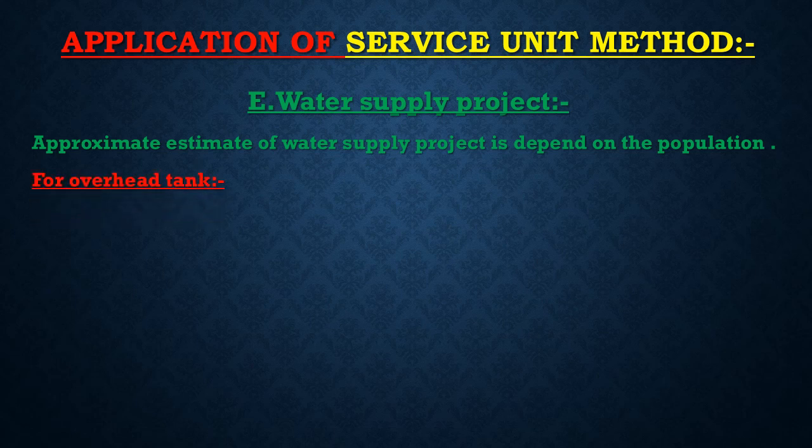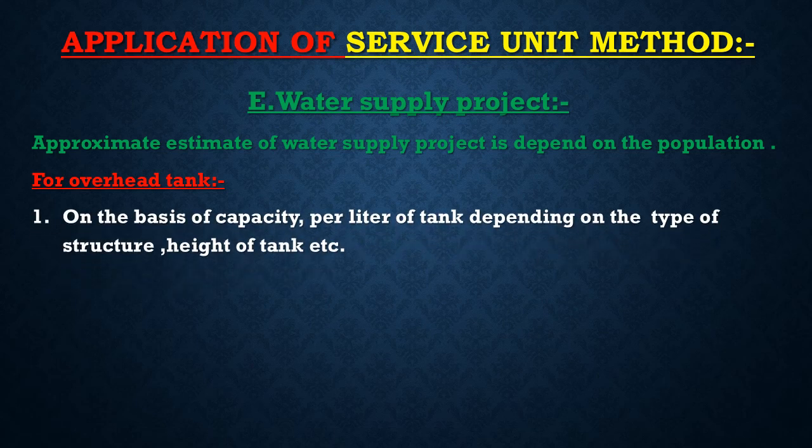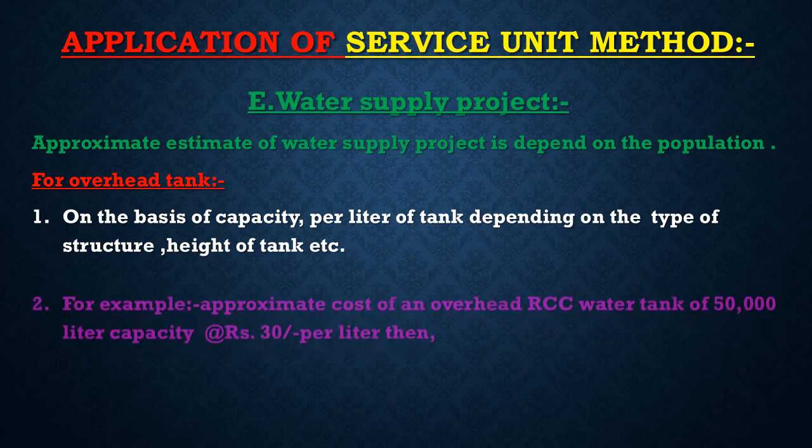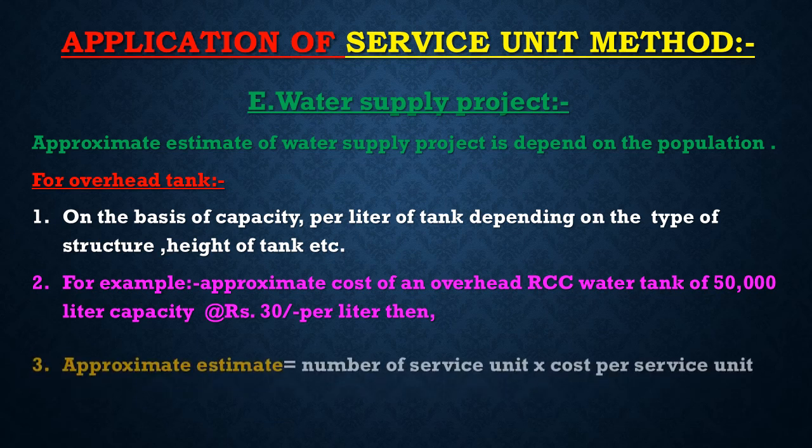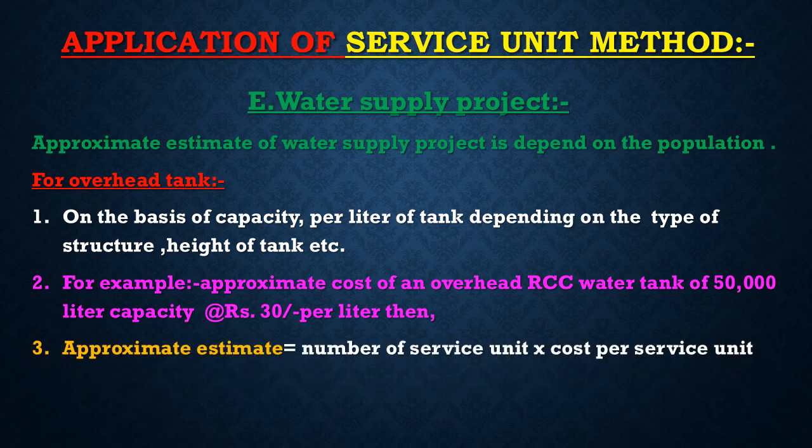For an overhead water tank, the estimate is on the basis of capacity per liter of tank, depending on the type of structure, height of tank, etc. Example: approximate cost of an overhead RCC water tank of 50,000 liter capacity at rupees 30 per liter. Then approximate cost is equal to number of service units multiplied by cost per service unit.